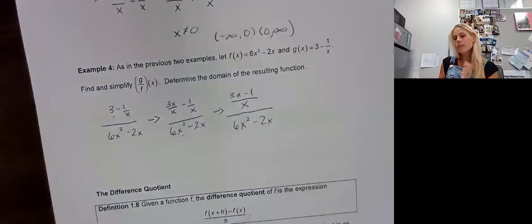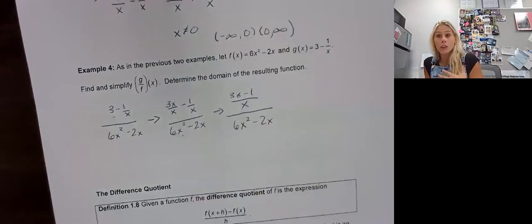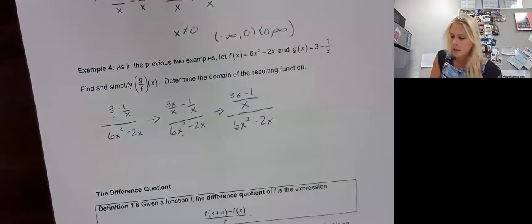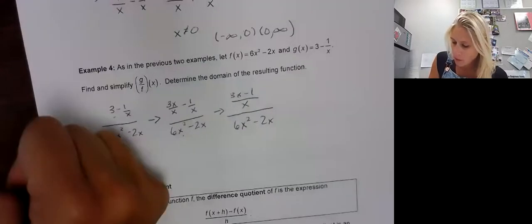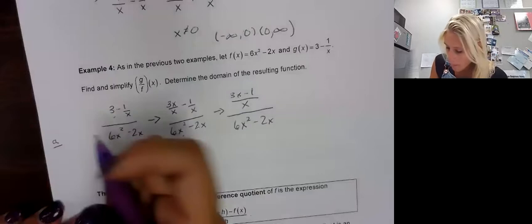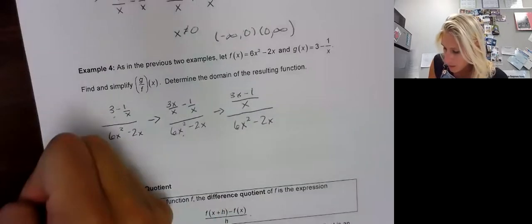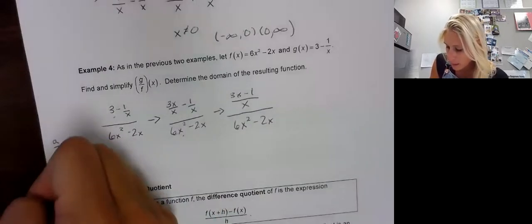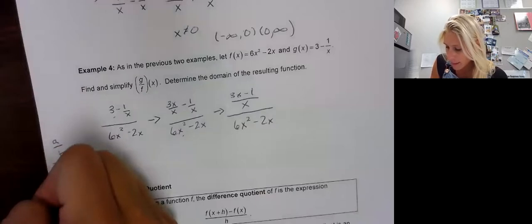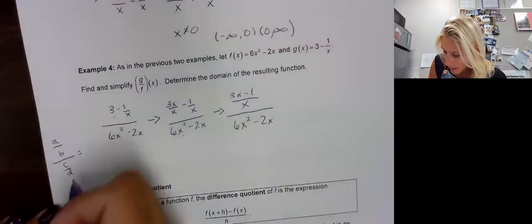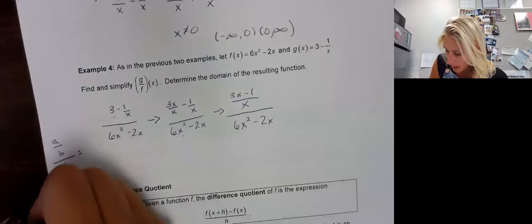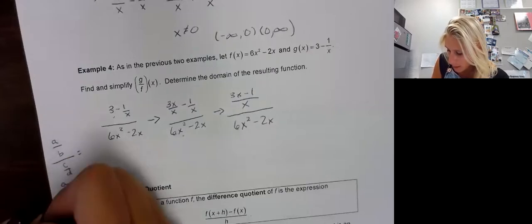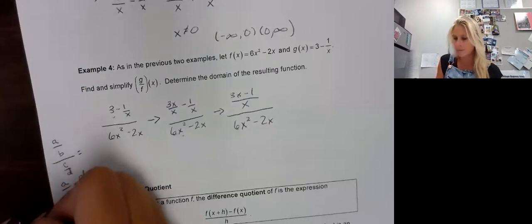Okay. Remember, a fraction over a fraction, just like this. If I go a over b divided by c over d, that is the same thing as a over b times d over c.